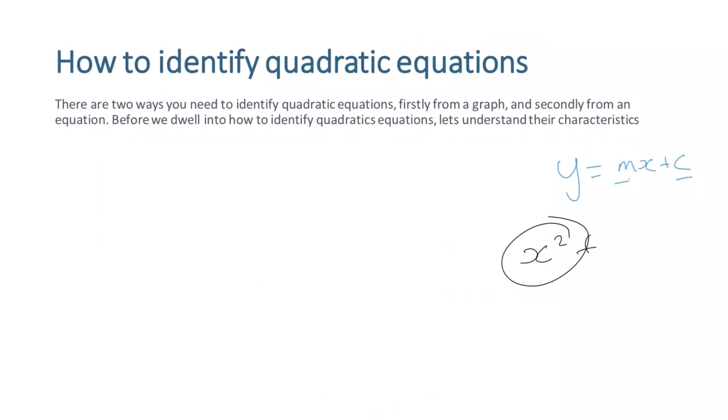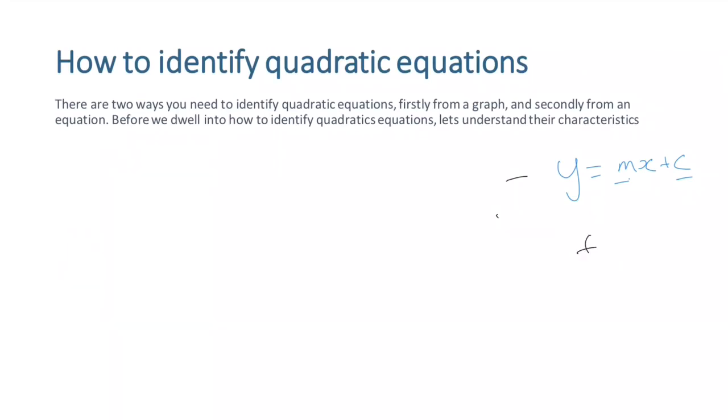And that's the difference between a line and a quadratic. So if we see x squared in the equation, you know straight away it's a quadratic equation.